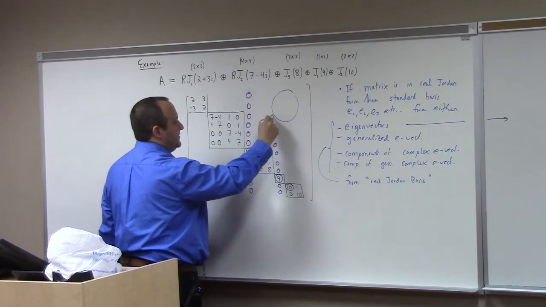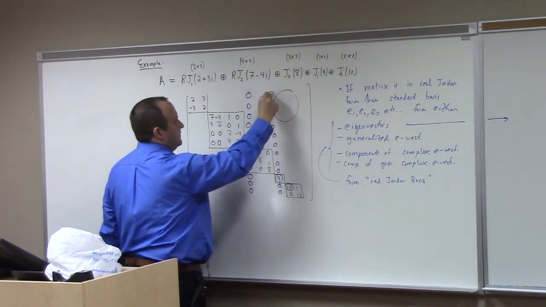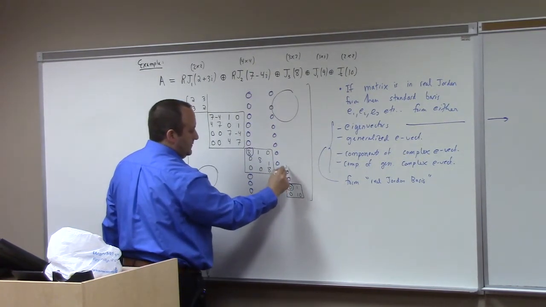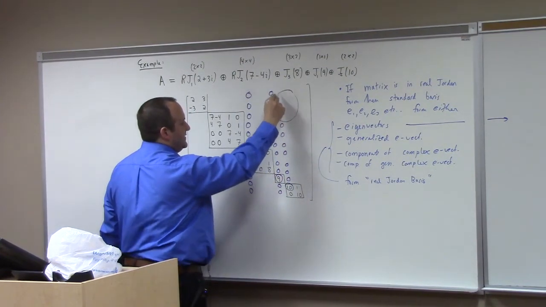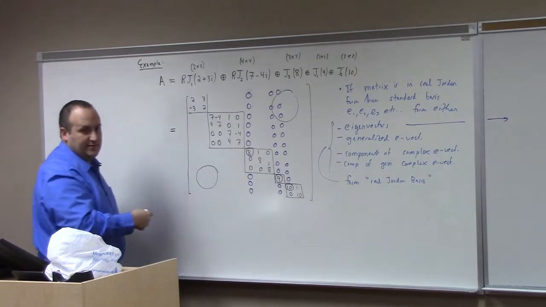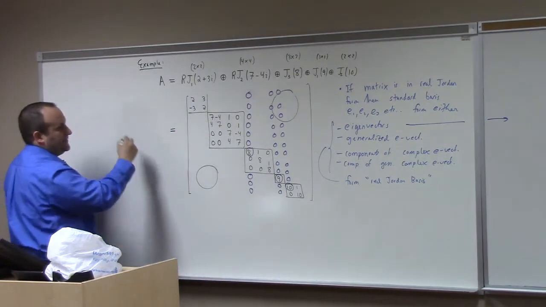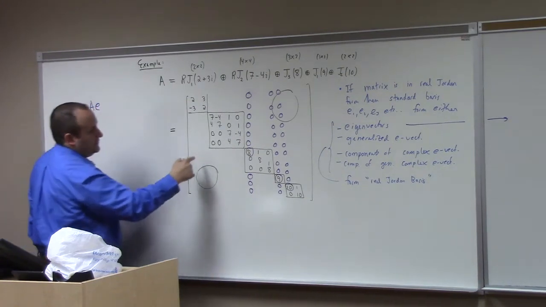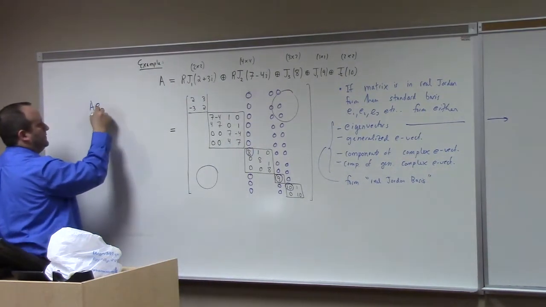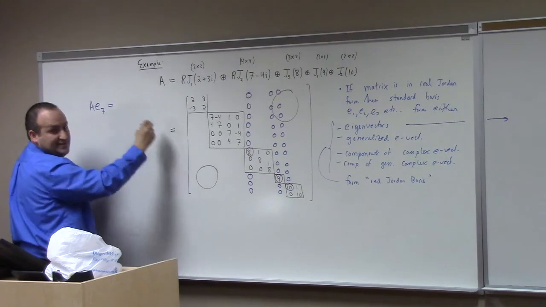So what happens if we multiply the matrix by the standard basis vector corresponding to this column? It just selects that column, right? So you can see from my purple zeros that A times E7 is equal to 8 E7, right?